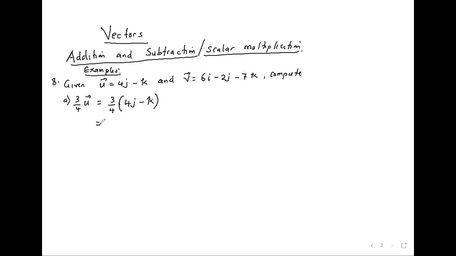This is normal multiplication. So you do 3 over 4 times 4j minus 3 over 4 times k. The 4s will cancel, so you have 3j minus 3 over 4 k.